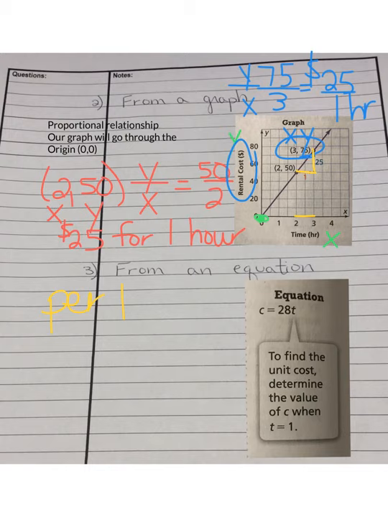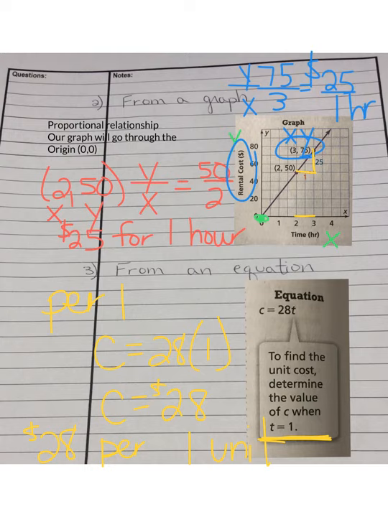So to find my constant of proportionality or my unit rate for the equation, we're just suggesting you put 1 in for the T. And if I put 1 in for my T, my C, or my cost here, is 28. So we could say that this unit rate is the $28 per 1, and I don't know what T stands for, we'll just say 1 unit.